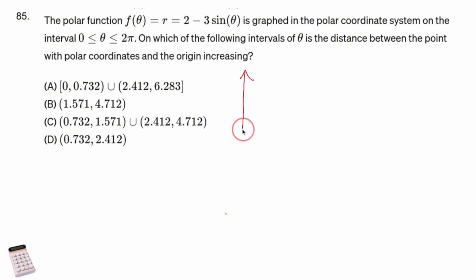If you were given a polar graph, and you start graphing the polar graph, and you start way out here, and as you move counterclockwise, it moves its way in, your distance is decreasing.